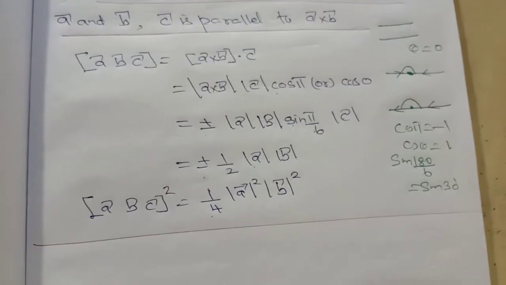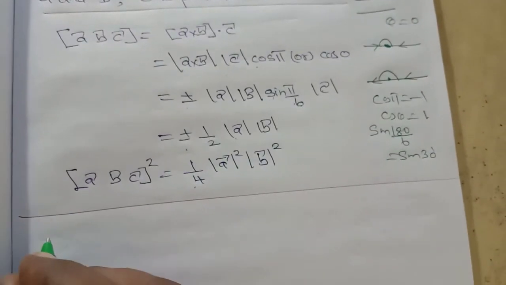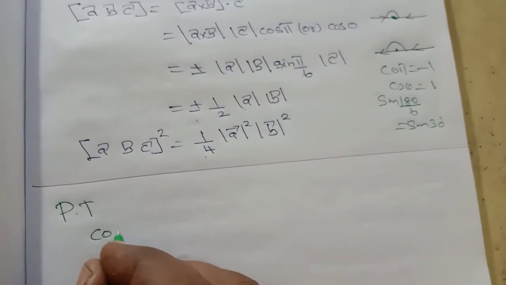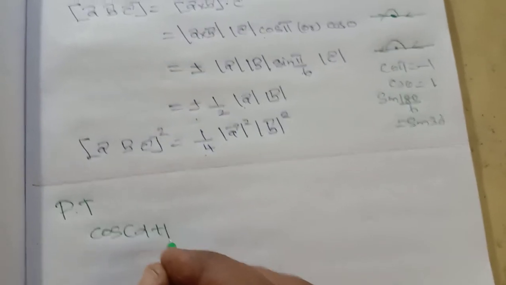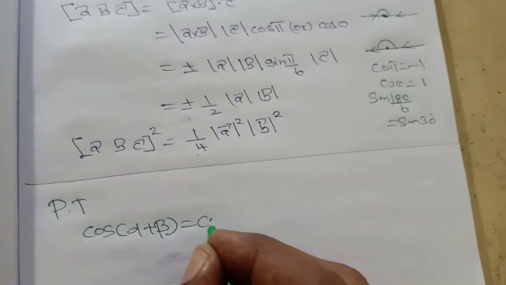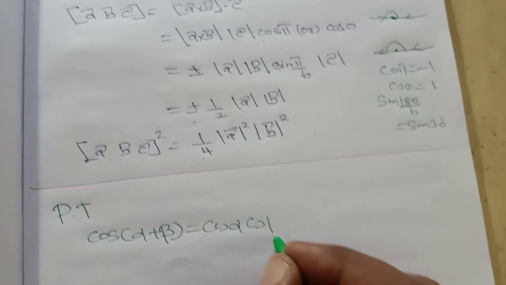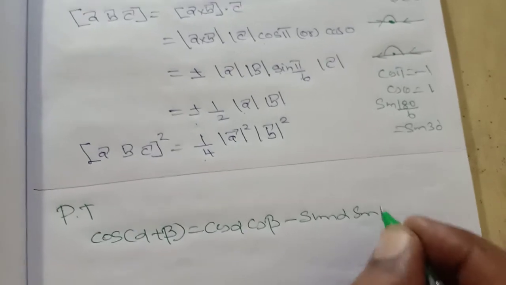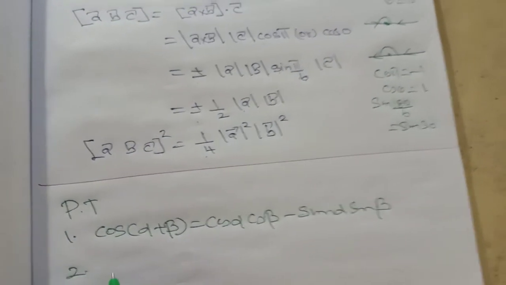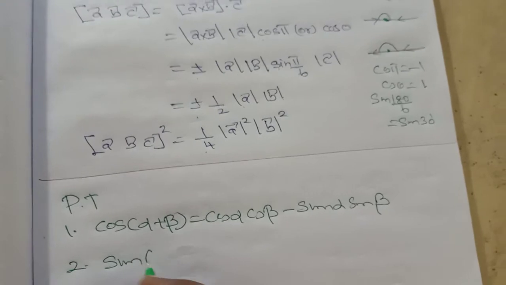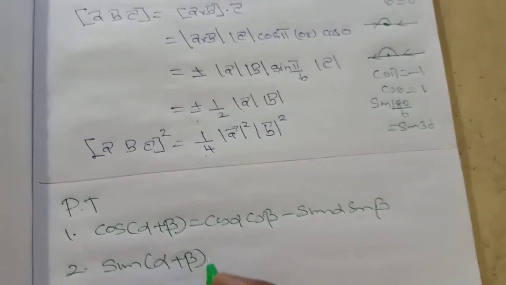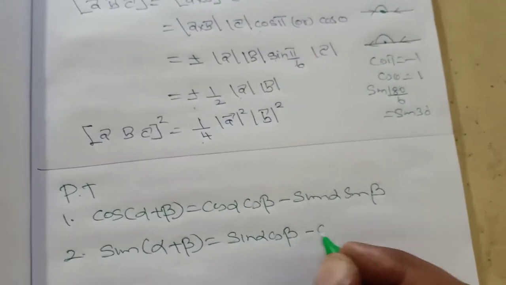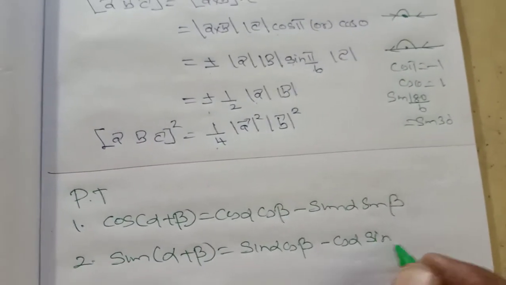And this week I am giving one test here. Prove that cos alpha plus beta equal to cos alpha cos beta minus sin alpha sin beta. Second one, sin alpha plus beta equal to sin alpha cos beta plus cos alpha sin beta.